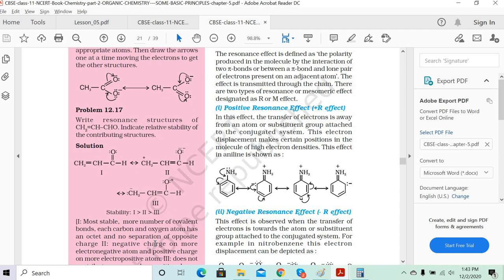But the third carbon atom had the double bond with this carbon atom, so it gives the electron to it. This carbon has taken the electron from the third carbon atom, and the third carbon develops a slight positive charge. So this carbon's tetravalency is done. But at the same time, oxygen becomes negative and the carbon becomes positive. Clear this part or not?